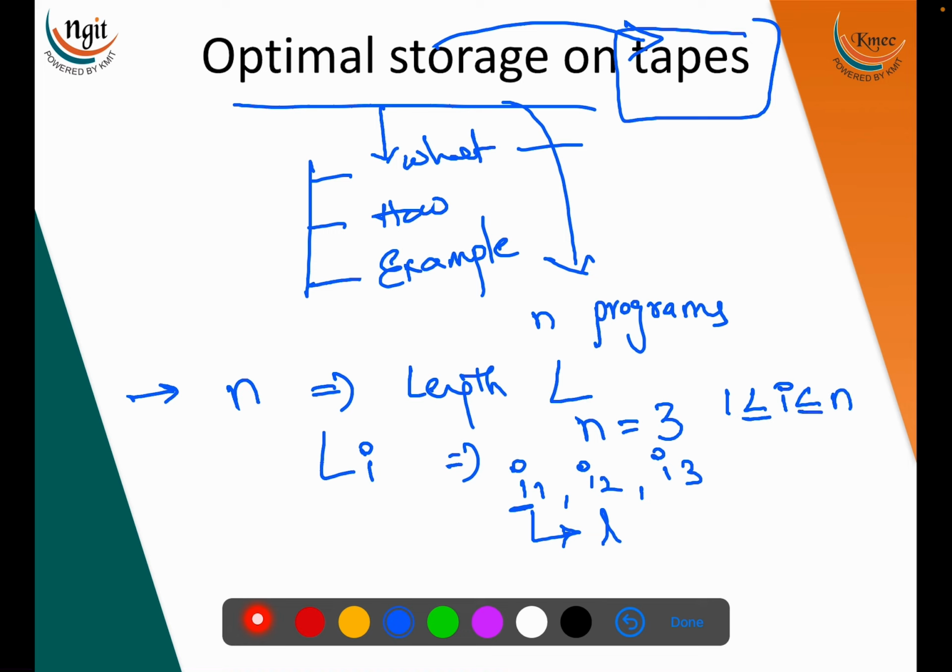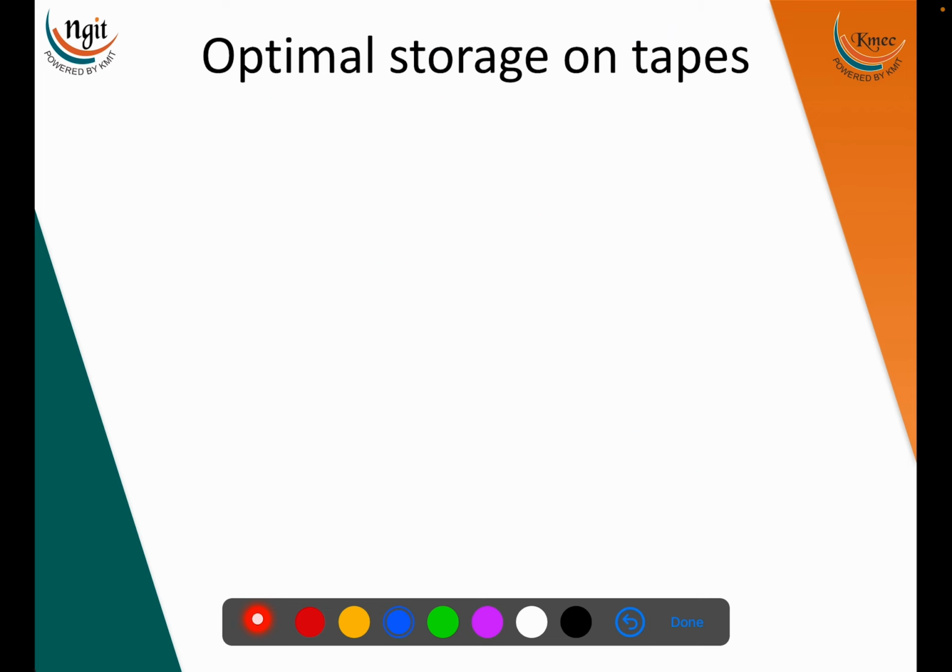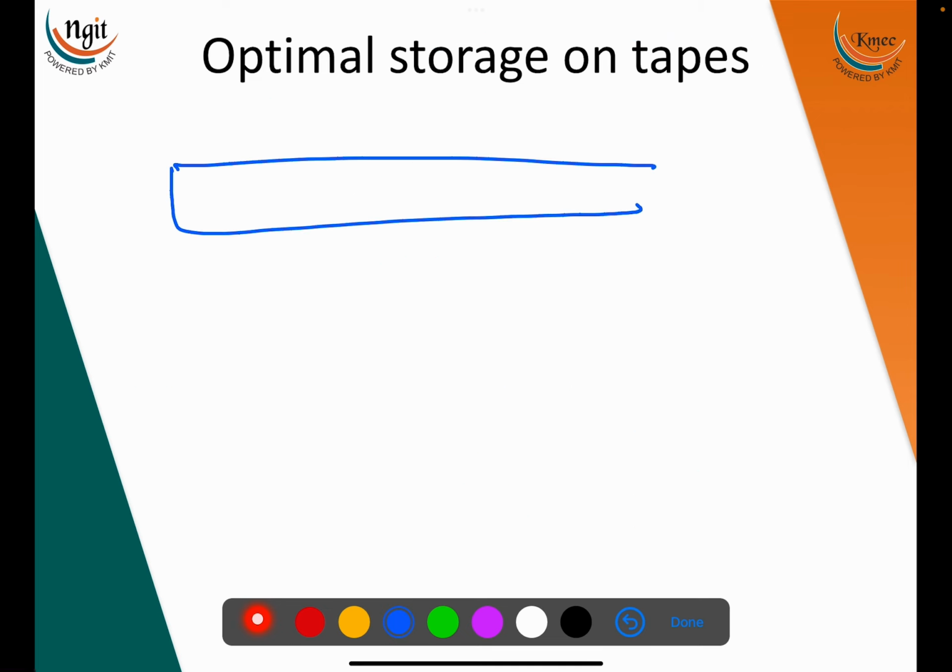Now, clearly, all the programs can be stored on the tape if and only if the sum of the lengths of the programs is at most L. We assume that whenever a program is to be retrieved, n is equal to 3.